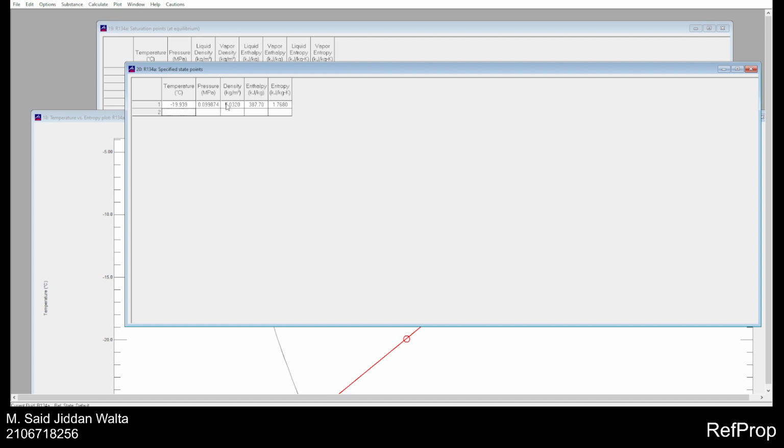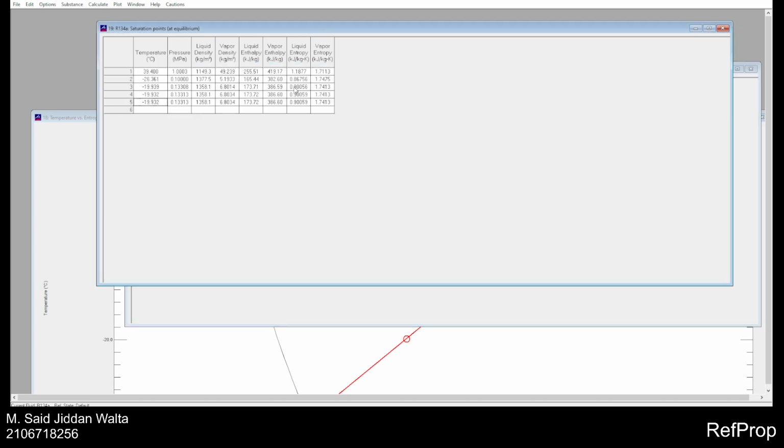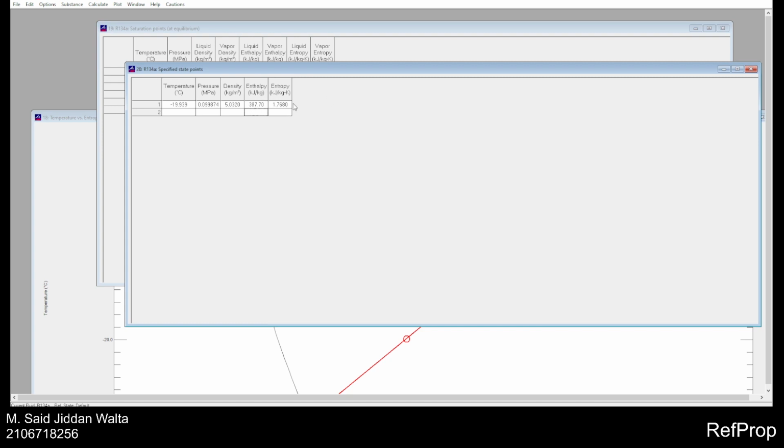And it would find the pressure values, density values, and the enthalpy values at this point. And we can compare that it is not much different from the values that we have here. So we can just use this as our working values.